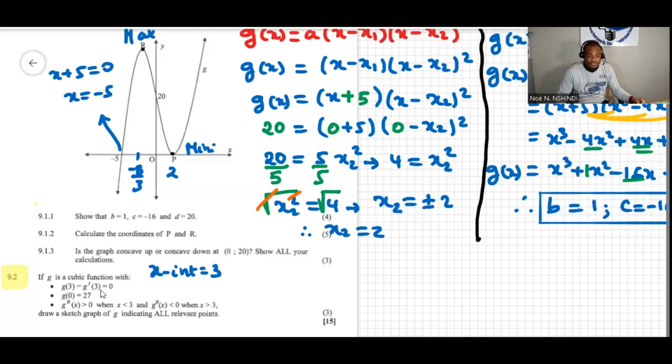Okay. And then g prime of 3 equal to 0 means that the function g has a maximum at the point x is equal to 3, because the derivative of the function equal to 0 means at this value here, 3, the function has either a maximum or minimum. Okay, so the turning point, I meant to say, the turning point is when x is equal to 3.